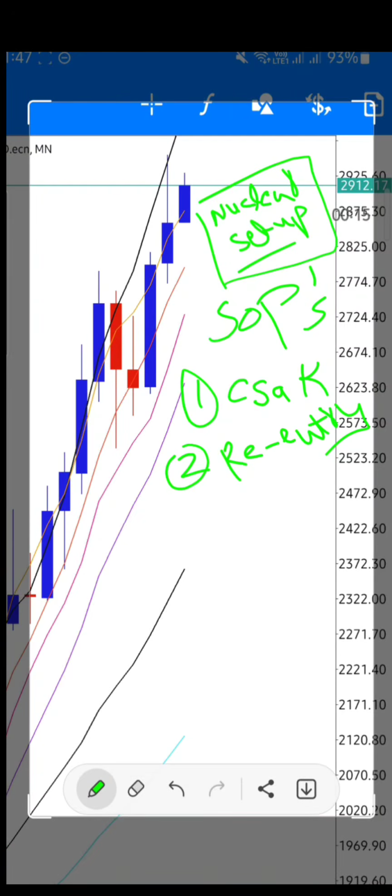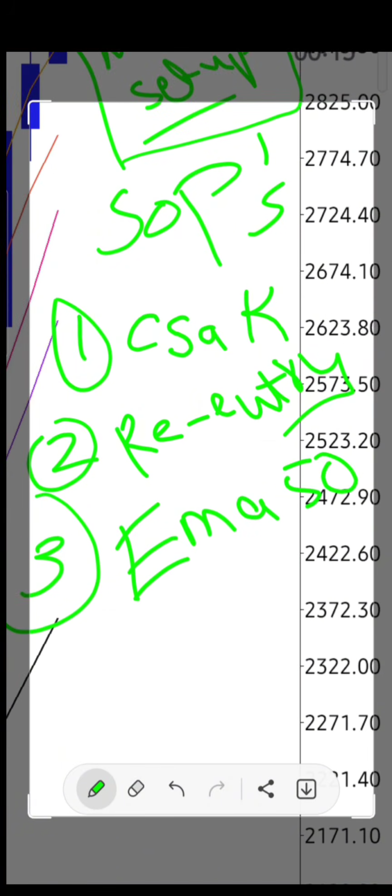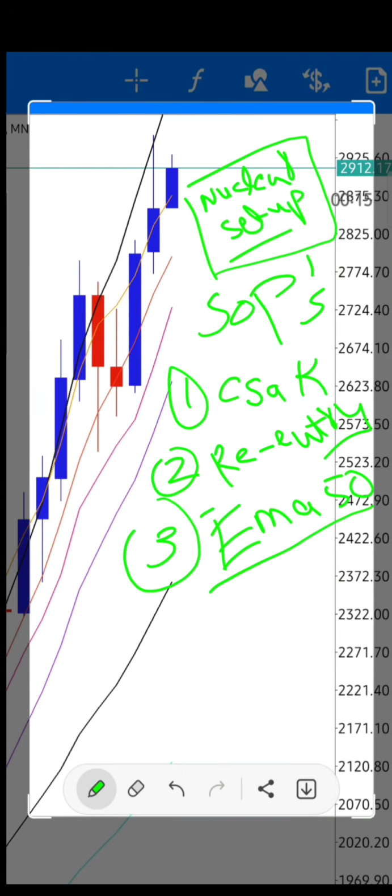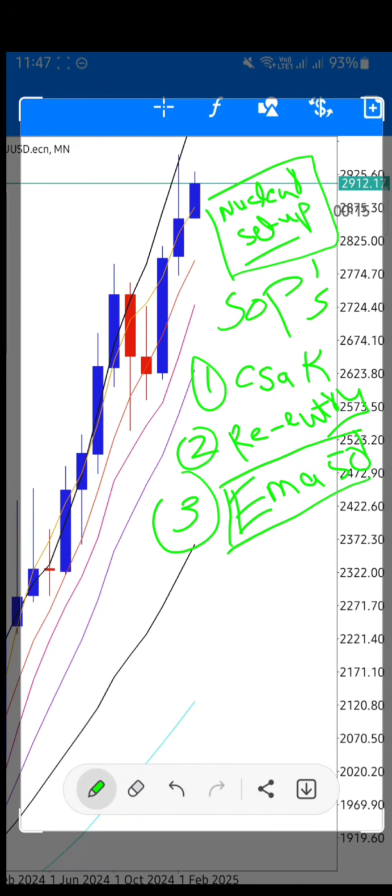So the third thing is very important and very powerful, which is EMA 50. That is the main point of the setup, the main source of the nuclear setup. How we can use EMA 50, or what the purpose of EMA 50 is, I will show you in an example, but for now you just have to remember these steps.